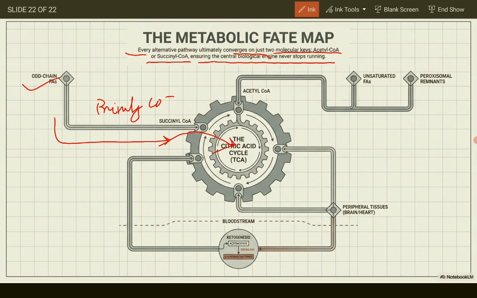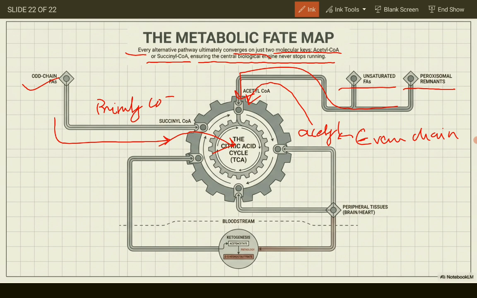Then there are peroxisomal products, which will be even-chained; it is not mentioned here. They will produce acetyl-CoA like this and enter the citric acid cycle. It could be unsaturated fatty acids or peroxisomal remnants, which will again produce acetyl-CoA and enter the TCA cycle.